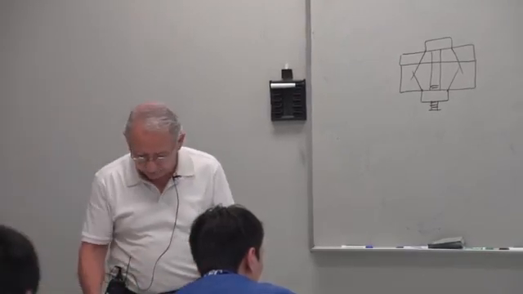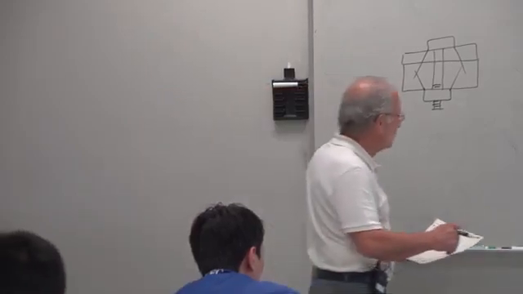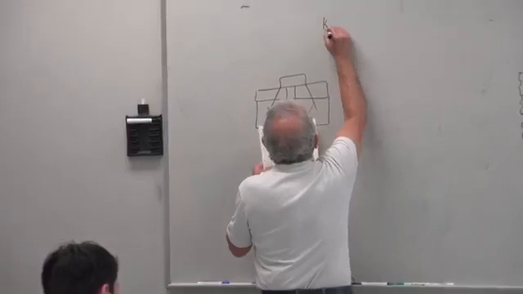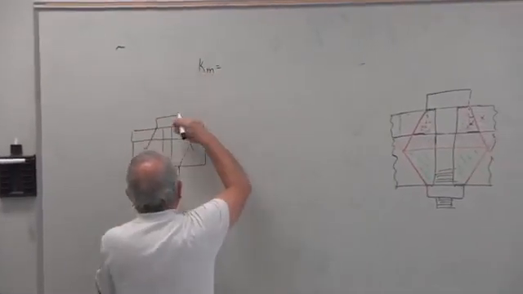If you do that, this is what you get. Km equals, this is now the stiffness of the whole member, the whole thing.